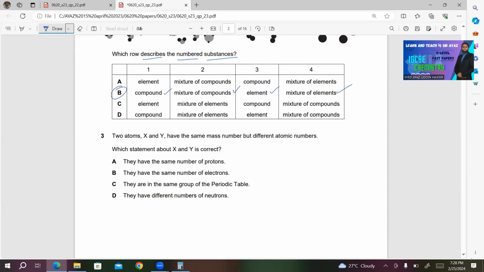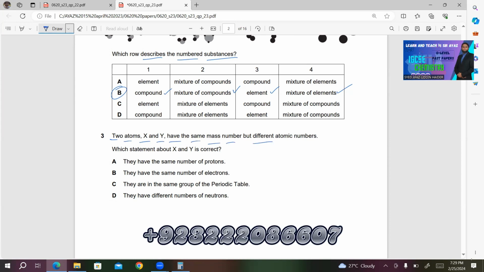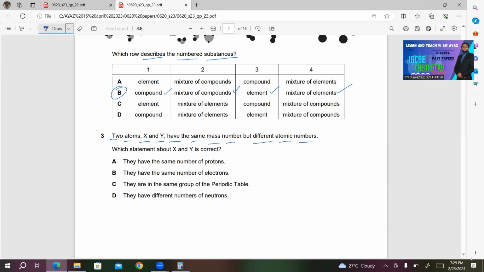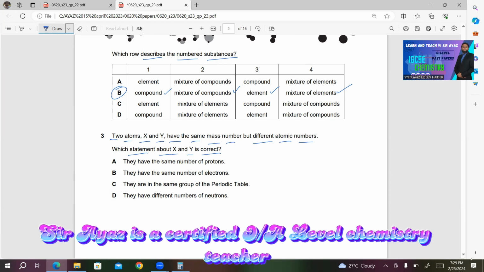Number 3, two atoms X and Y have the same mass numbers but different atomic numbers. Which statement about X and Y is correct? A, they have the same number of protons. This is incorrect.